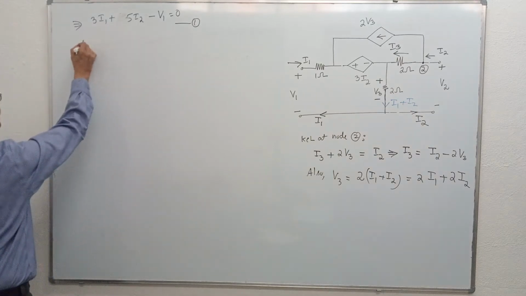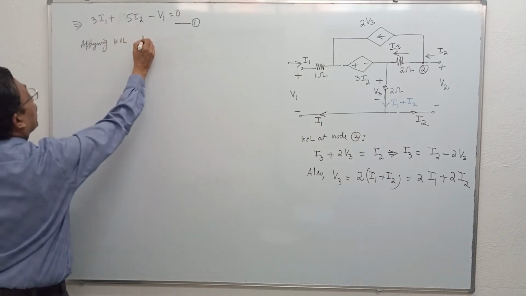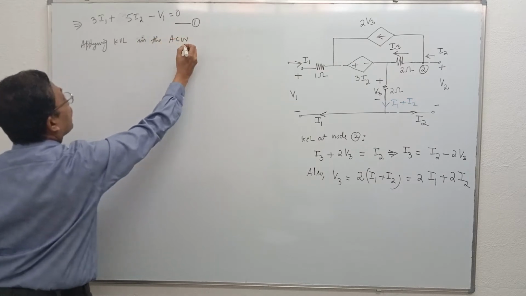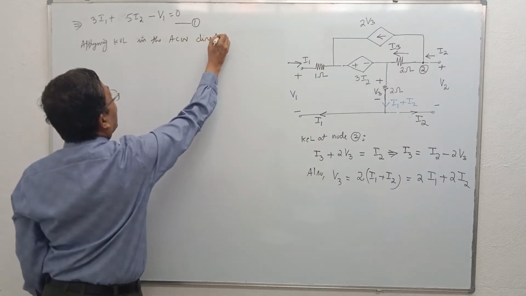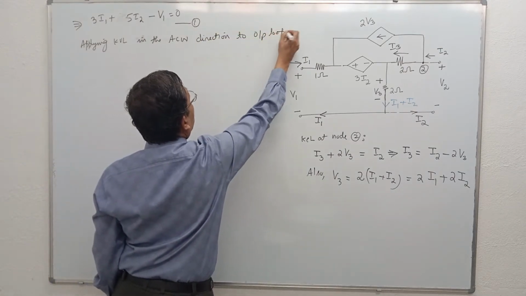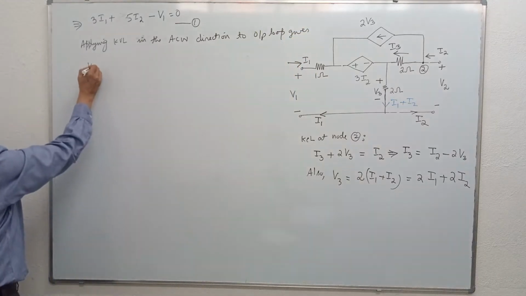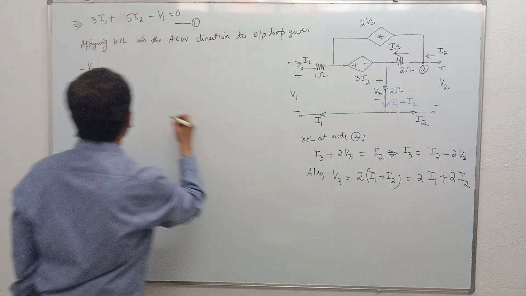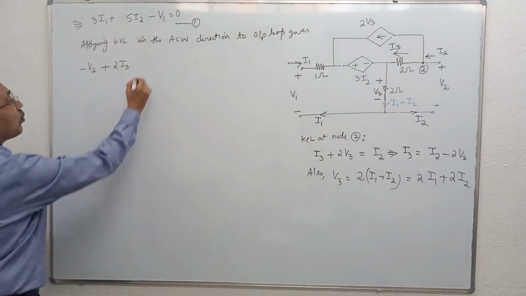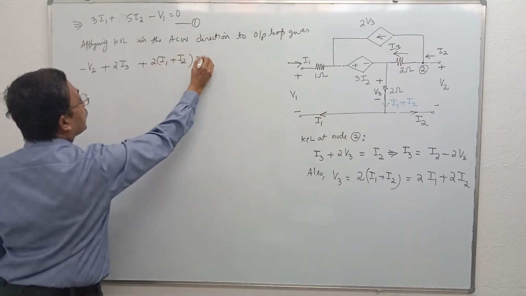Applying KVL in the anti-clockwise direction to the output loop gives minus V2 plus 2 times I3 plus 2 times I1 plus I2 equal to 0.